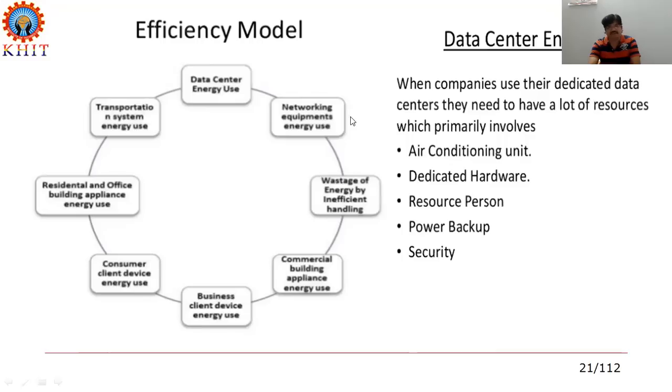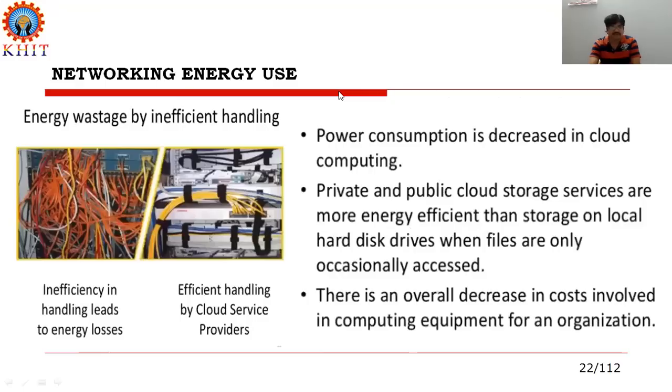Next, we move to another one, networking equipment energy use. We will consider a diagram here. A lot of energy is wasted in inefficient handling. If you consider the right side, all the switches, wires or nodes are well connected in a proper manner for a switching mode.